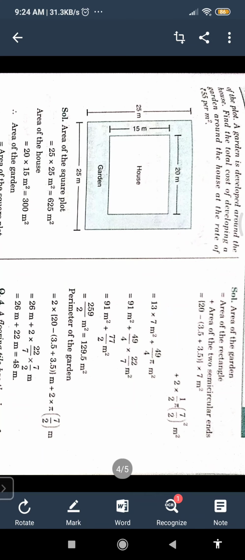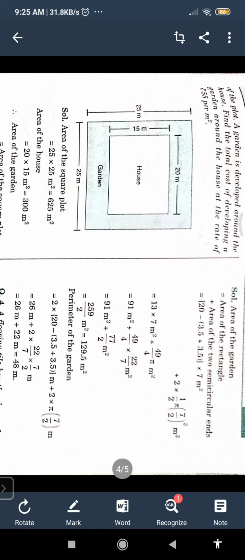Now solution. Area of the garden equal to area of the rectangle plus area of the two semicircular ends. Area of the rectangle (20 minus 3.5 plus 3.5) multiply 7 meter square plus, you can see in the figure, semicircular two sides, so 2 multiply 1 upon 2 pi r square. Area of the circle is pi r square and area of the semicircle is 1 upon 2 pi r square.